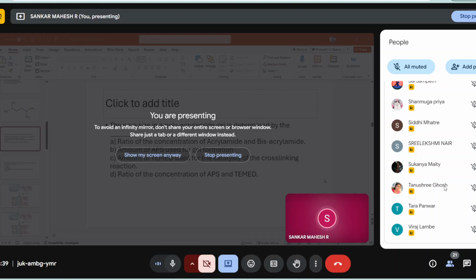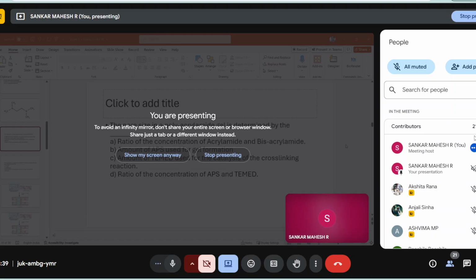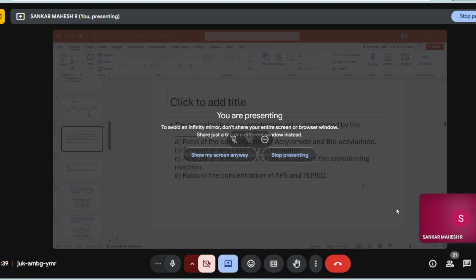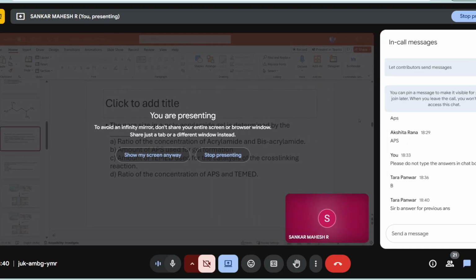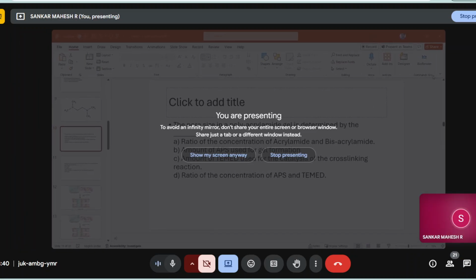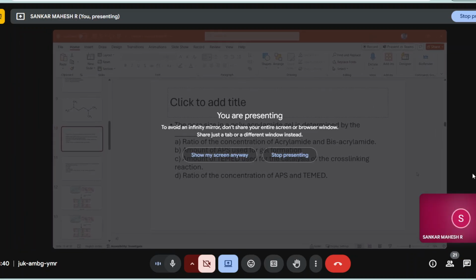You can unmute and tell us why you think it's option B. Or if anyone else wants to answer, they can also tell us why a particular option is incorrect. You had mentioned for the previous question, it's actually not B, it's option C, N prime, N prime.